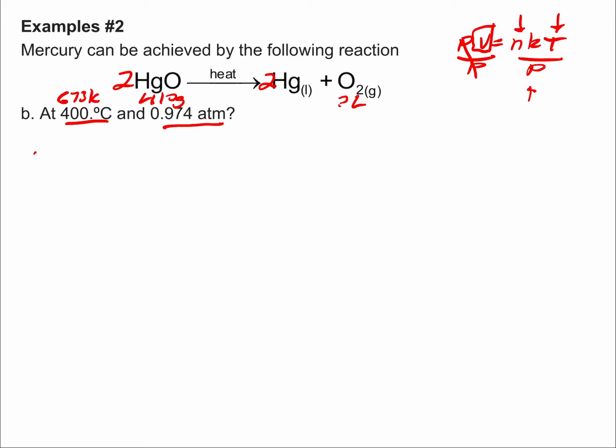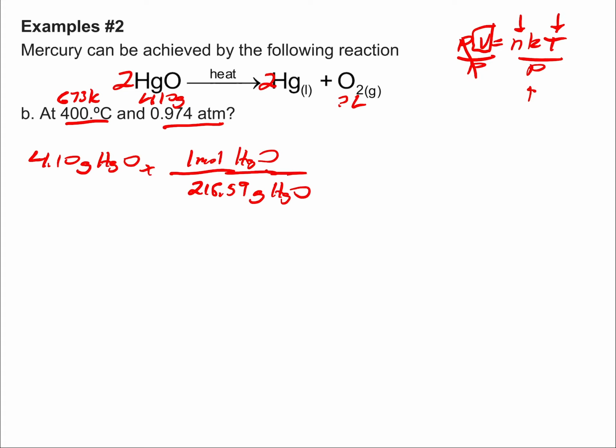Now I'm going to start my stoich. I still have 4.10 grams of HgO. Convert that to moles of HgO, so for every 1 mole of HgO, the molar mass is 216.59. Now the next part is I'm only going to go to the molar ratio.